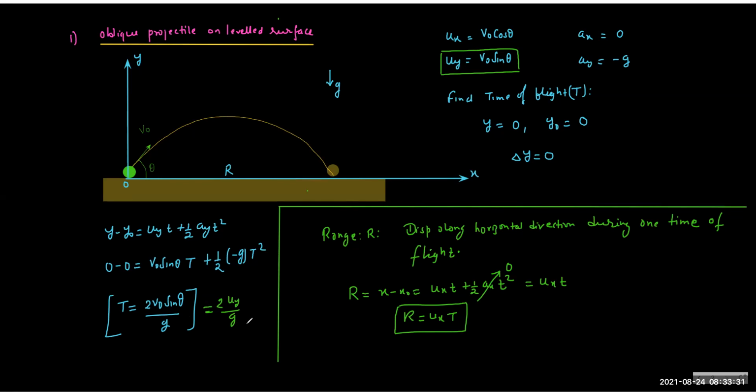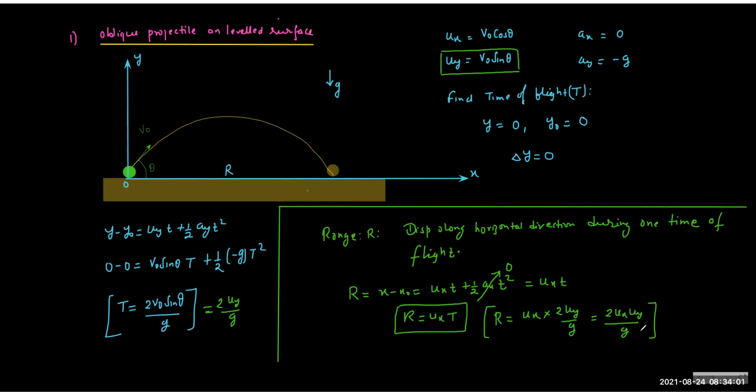And what is r? ux into t. So one way of looking at the answer for R is ux into 2uy by g. This is how we look at the answer in component form. Which means if you know the x and y components of any oblique projectile motion, you can find the range easily.